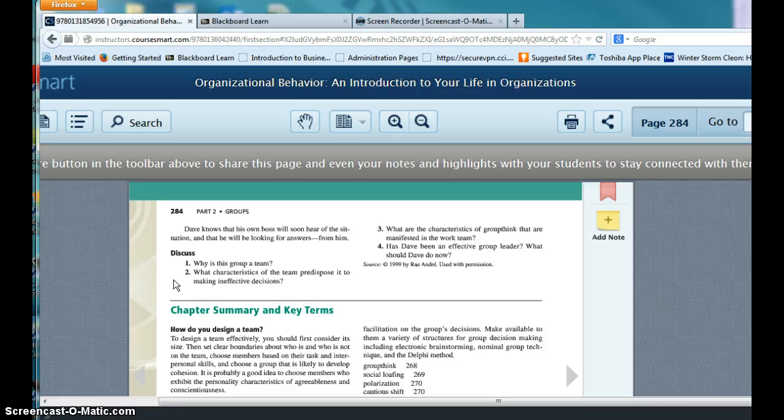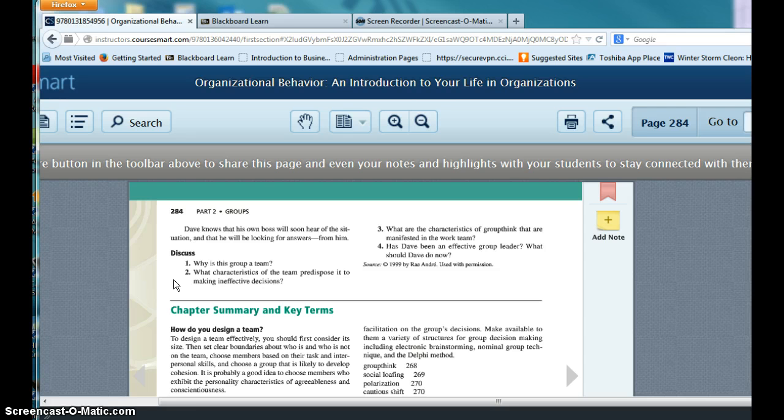And then the second question is, what characteristics predispose this team to ineffective decision making? And on page 249, I believe, there's information about some special issues that can affect a virtual team.